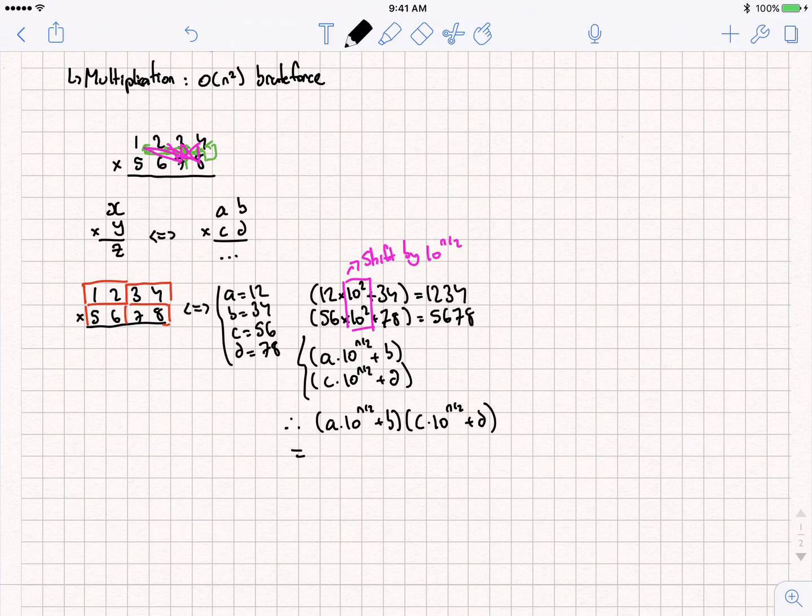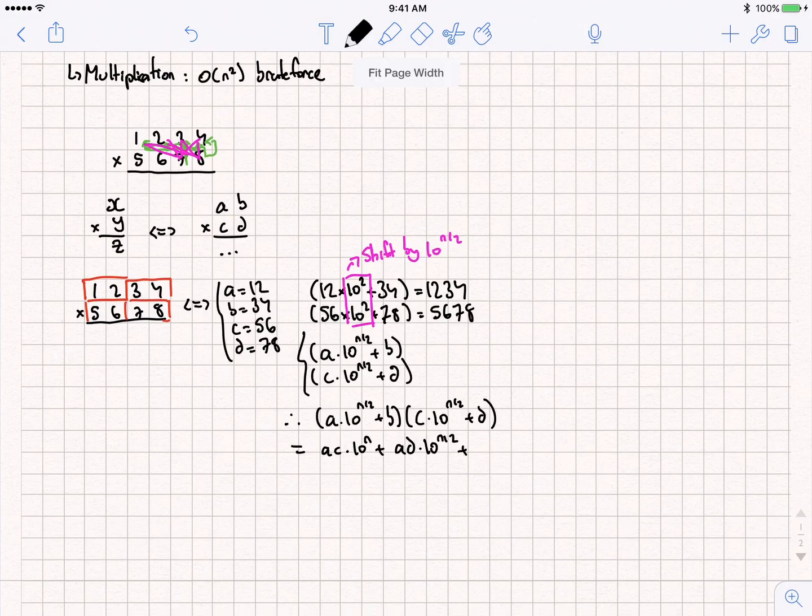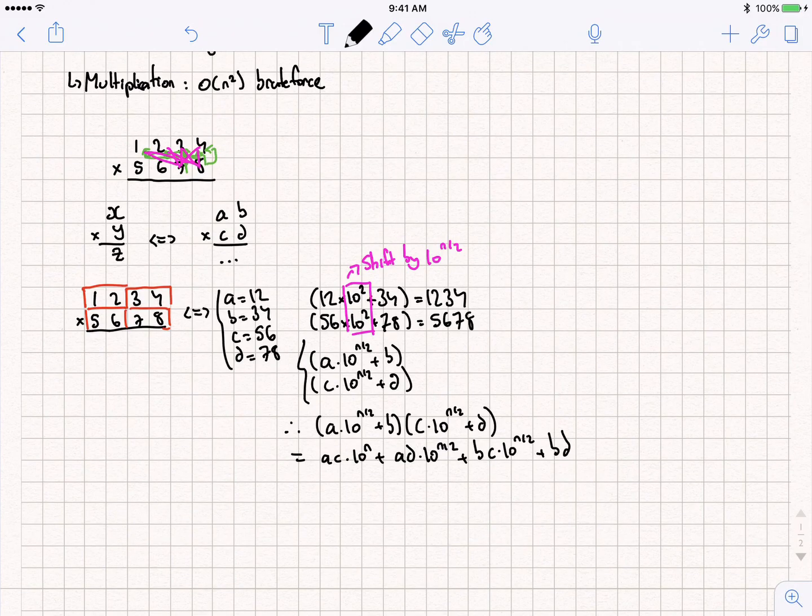Well, this simply simplifies to ac times 10 to the n, plus ad times 10 to the n over 2, plus bc times 10 to the n over 2, plus bd. Now, you might be wondering, what did we actually accomplish over here?